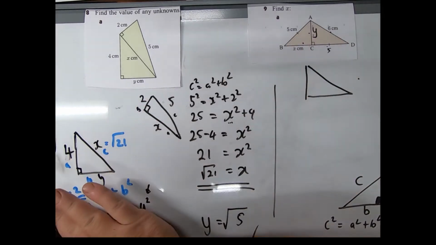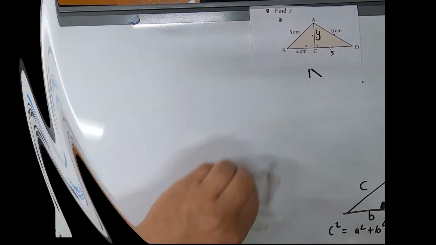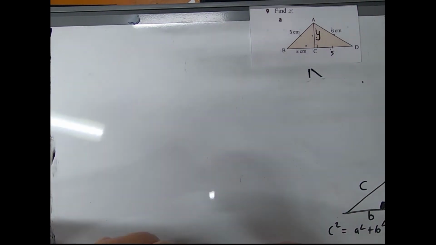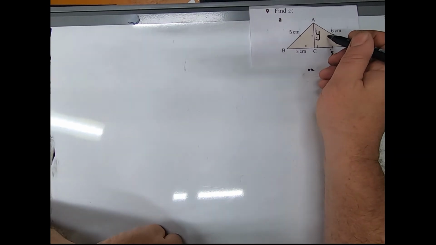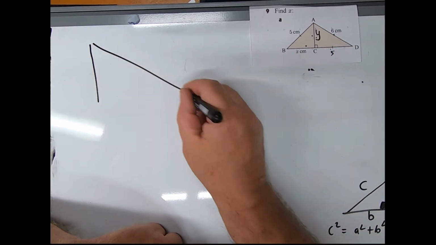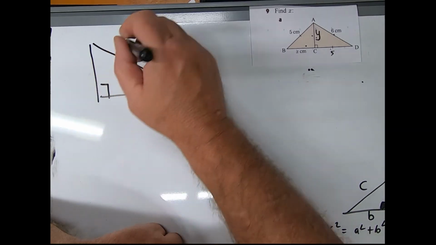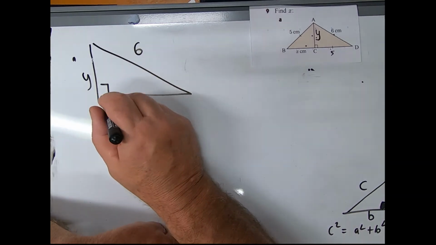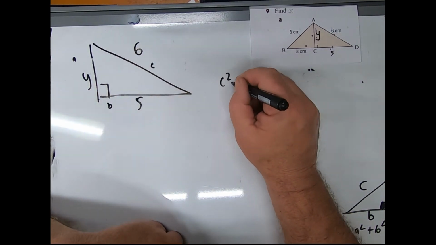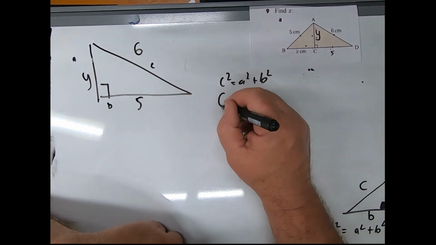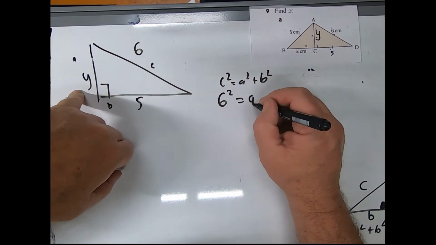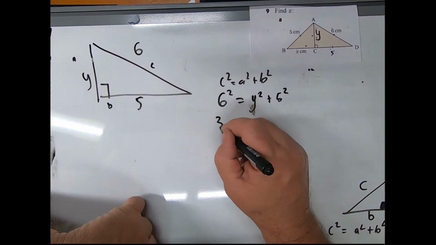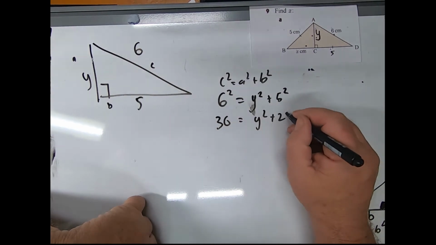Right, just pause while I wipe this clean. So now that we've cleaned the whiteboard, we'll proceed. So we decided that we're going to use this triangle first. 6, 5, Y. A, B, C. C squared equals A squared plus B squared. 6 squared equals Y squared plus 5 squared. 36 equals Y squared plus 25.